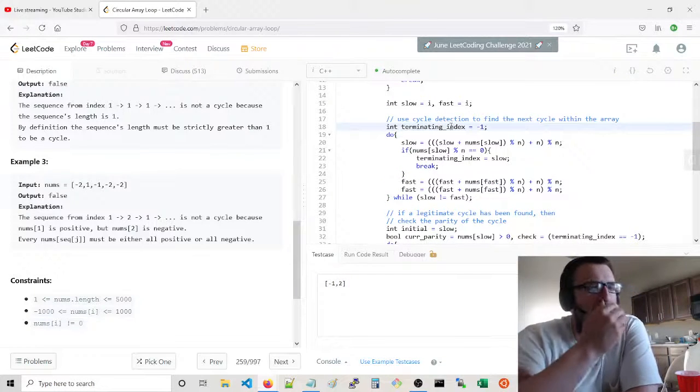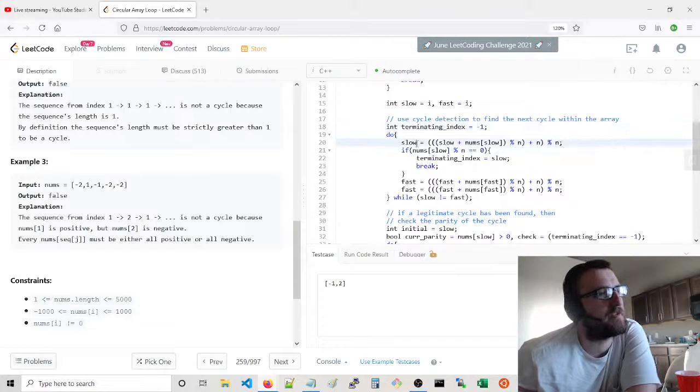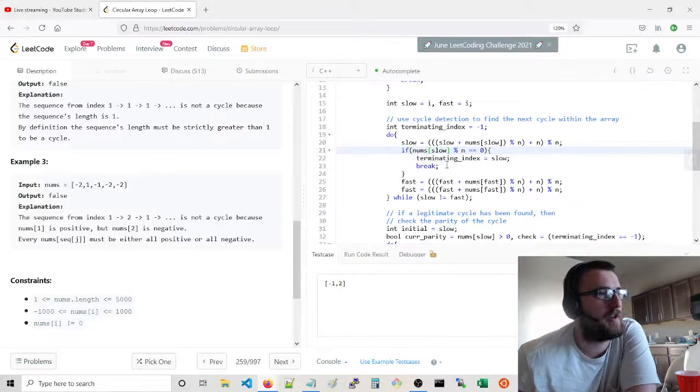Slow, fast, terminating index. So slow, we're at -1, and fast. So -1 goes to 2, which actually is directly here. Terminating index becomes 1.